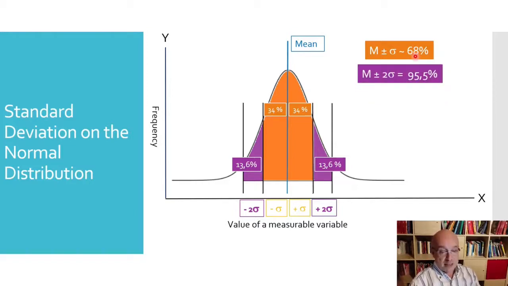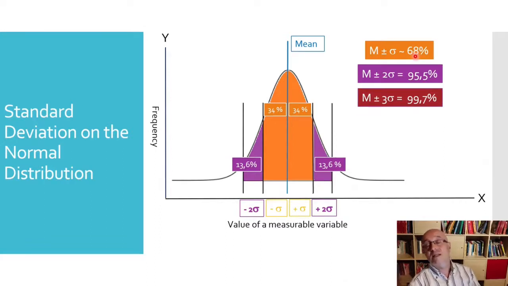The mean plus minus 2 standard deviations includes the 95.5% of data of the entire set of data of an ideal normal distribution, and the mean plus minus 3 standard deviations includes the 99.7% of data. But these percentages are perfect mathematical numbers if I'm talking about an ideal normal distribution that is made of an infinite number of data.